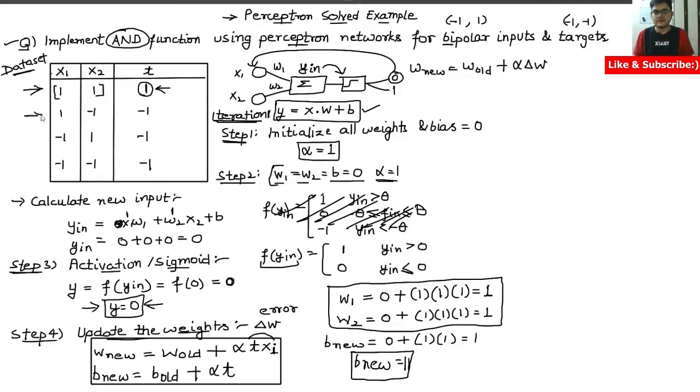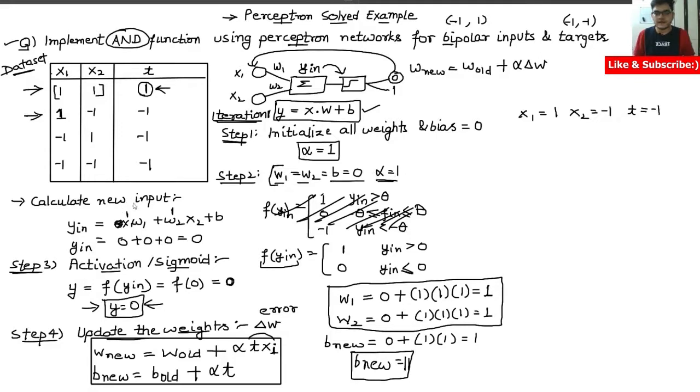For the next set of inputs, we will consider these weights and this bias. Let's move on to the next input, which is x1 equals 1 and x2 equals -1, and the value of target is also -1, which you can see here.